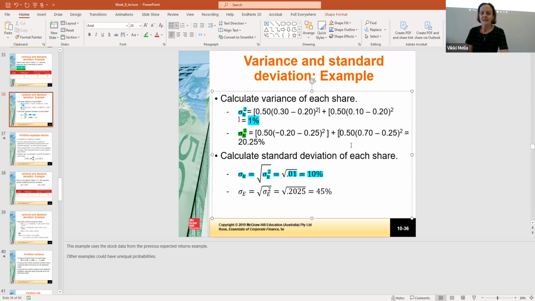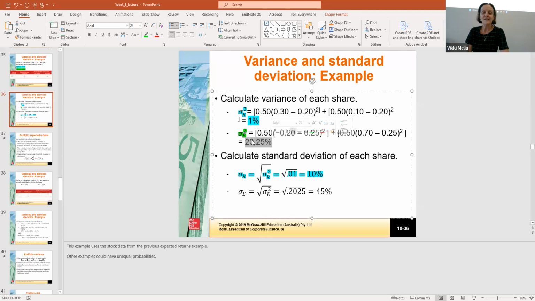Plus, there's a 50% probability the economy will be in boom. And if the economy is in boom, the expected return from Emu is 70%. So 70% minus 25% and square it. Calculate the difference and square it and multiply it by the probability of 50%.